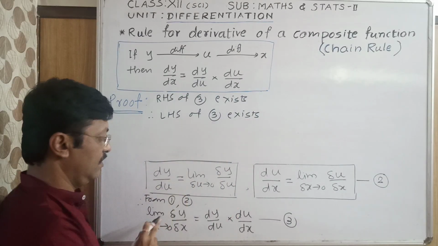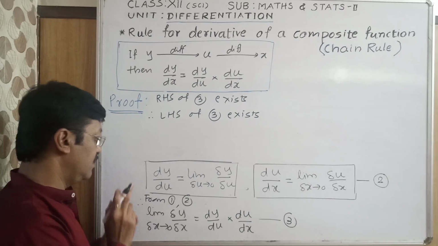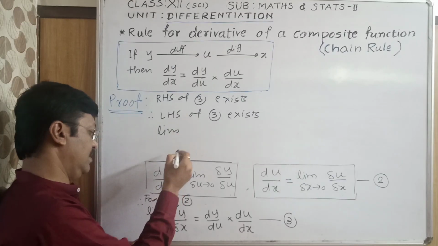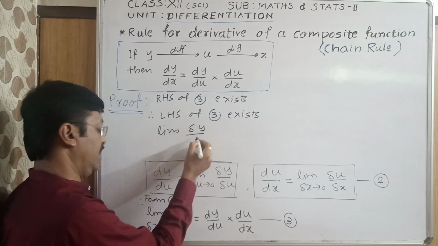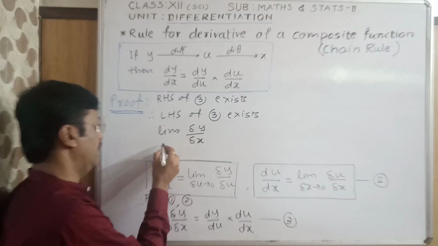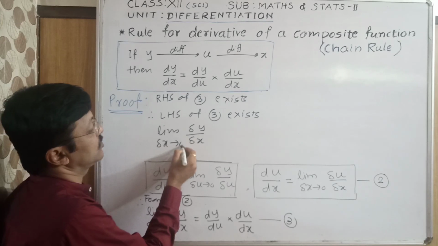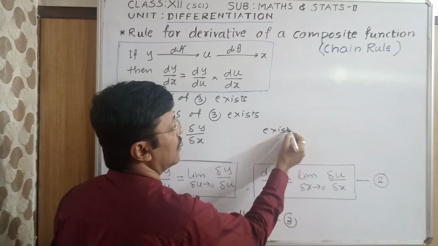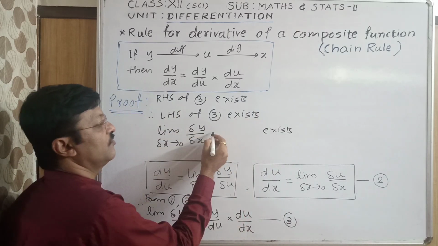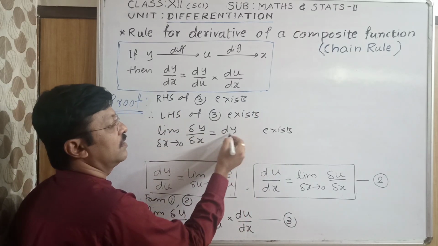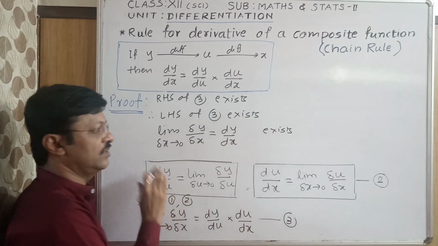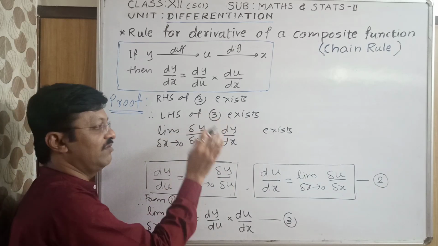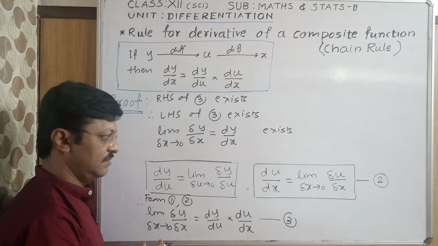What is the LHS of 3? Limit delta y by delta x as delta x tends to 0 exists. And if it exists, we write it equal to dy by dx. So in short, limit delta y by delta x as delta x tends to 0, which is dy by dx, exists.